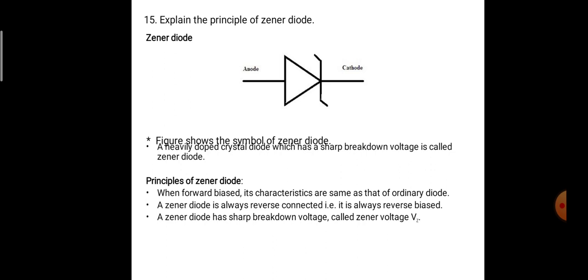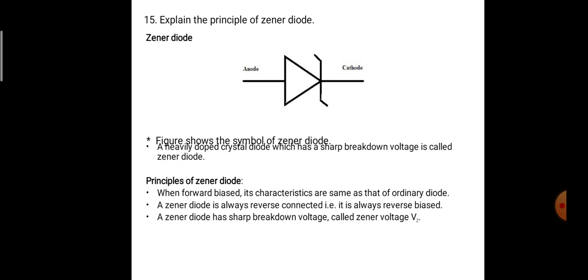Next question. Explain the principle of Zener diode. The figure shows the symbol of a Zener diode. A heavily doped crystal diode which has a sharp breakdown voltage is called a Zener diode.